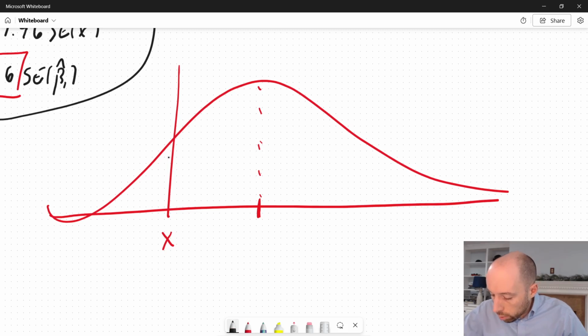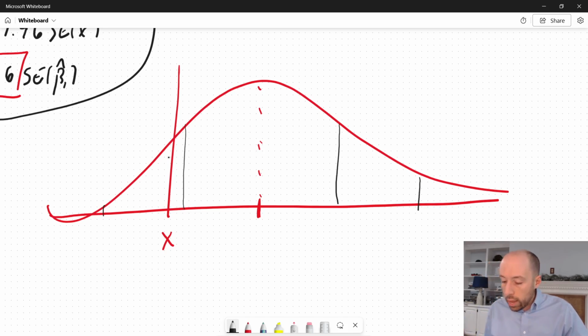And I'll go ahead and label some things. So we'll say that this is plus or minus 1 standard deviation. This is plus or minus 2 standard deviations. And I found x. X is somewhere like, and perhaps we should call it z since we're talking about z-scores. X is something like mu minus 1.2 standard deviations.